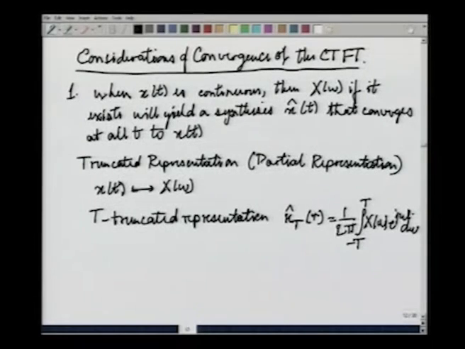Instead of integrating for all omega from minus infinity to infinity, this is not called the T truncated, this should be called the W truncated representation for consistency of notation.